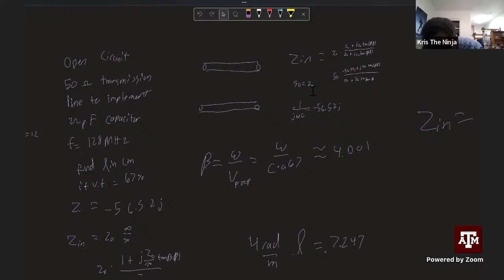So if you do 50, well, if you break this down, how did he break it down?